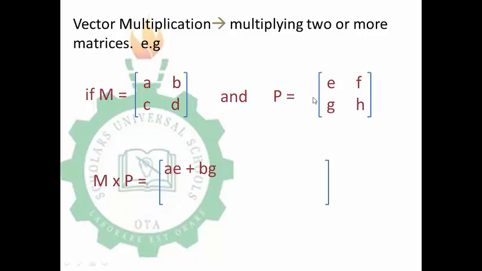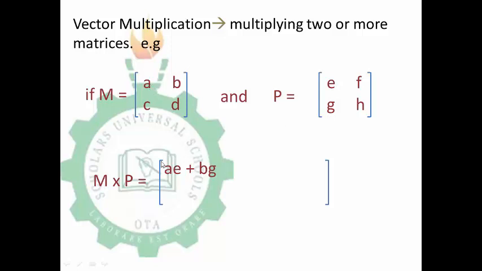But let us take it one by one. This A multiplied by E. Can you see that? And B multiplied by G, which is this.